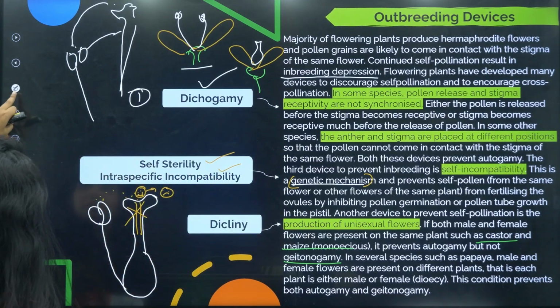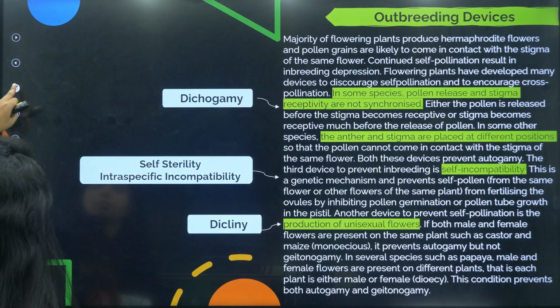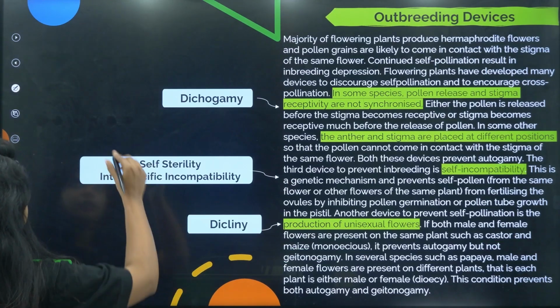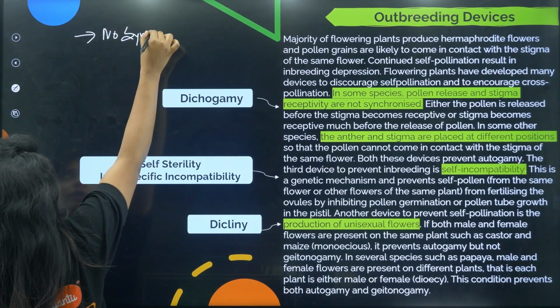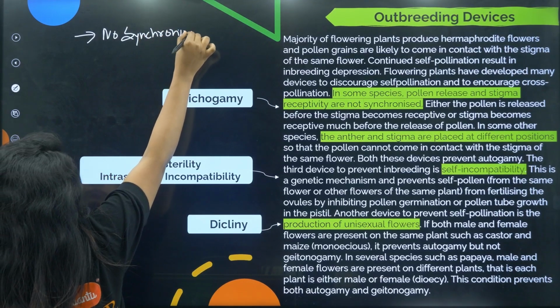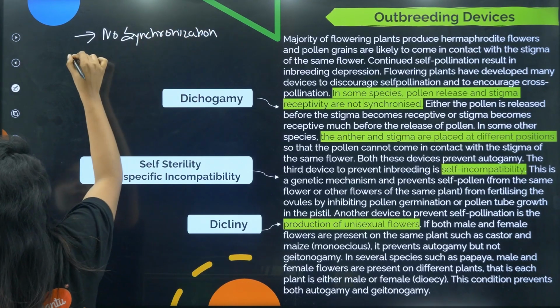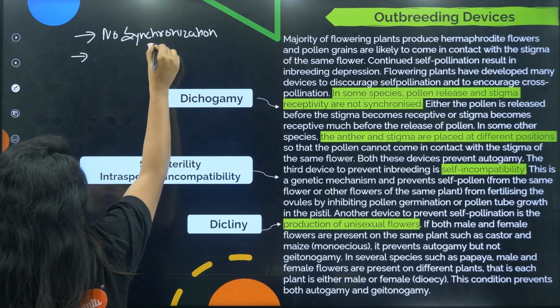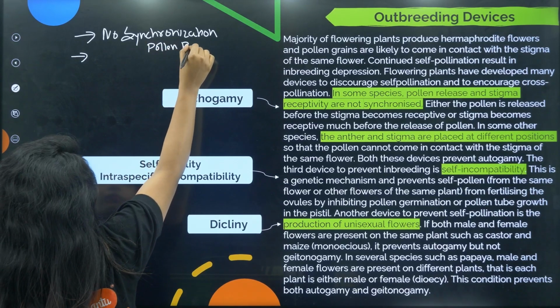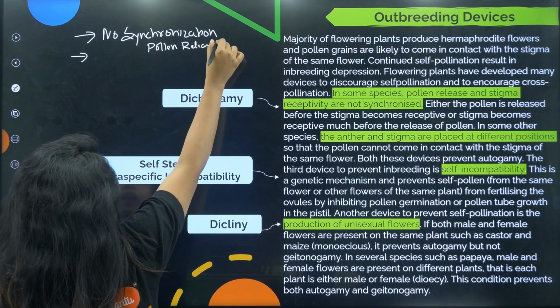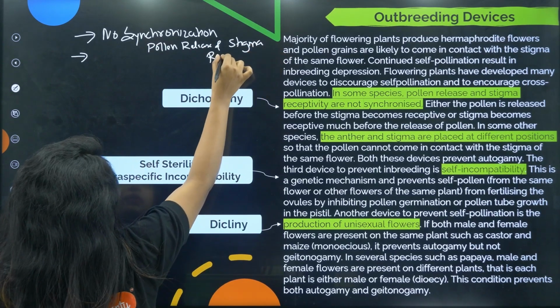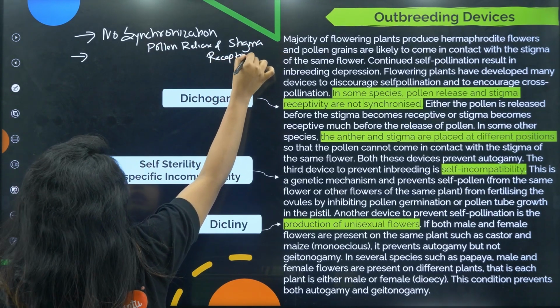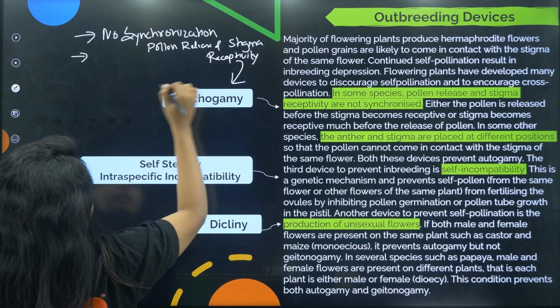Basically, let's make it point by point. First thing, there should be no synchronization of pollen release and stigma receptivity, and this is known as dicogamy.